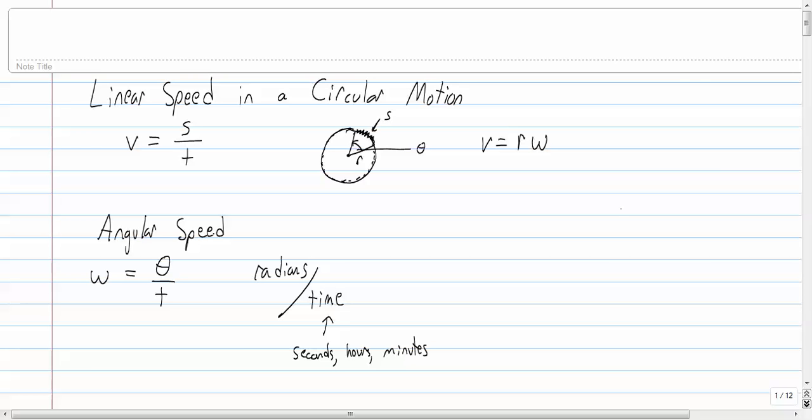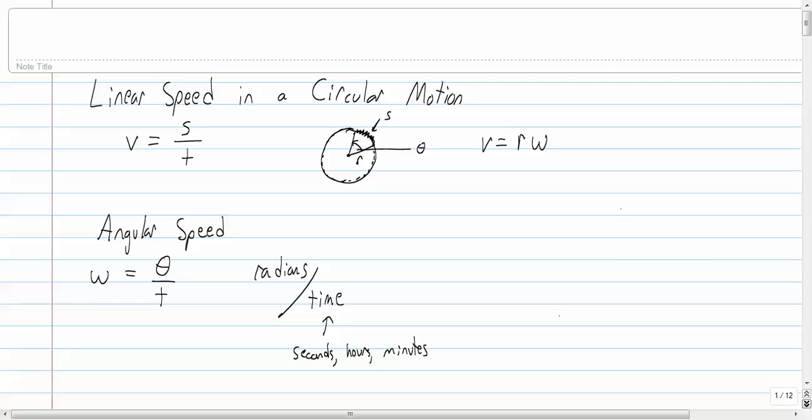And so here's an example of angular speed. Angular speed can be used to describe the rate that an engine turns, parts of an engine turn. So everyone in here, whether you know it or not, you've probably seen an RPM gauge on some type of vehicle.